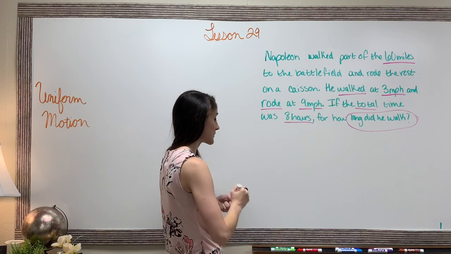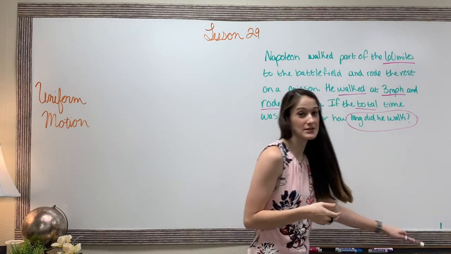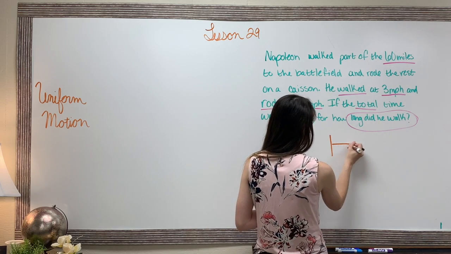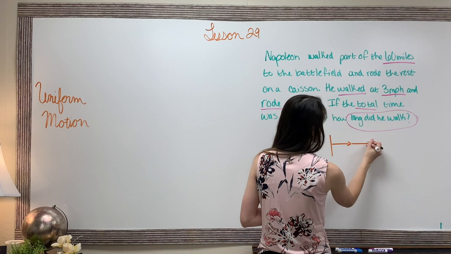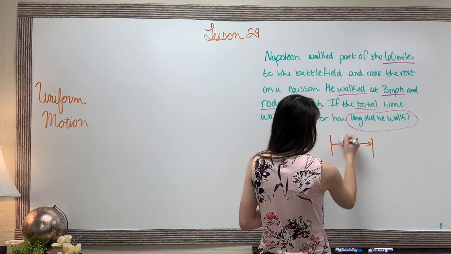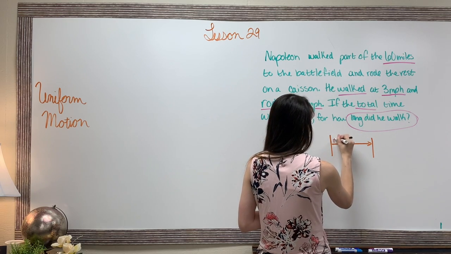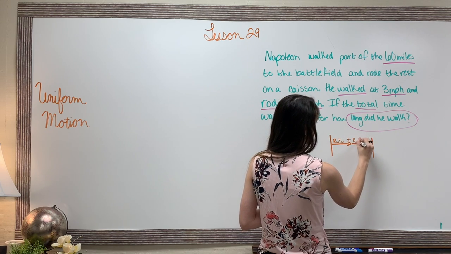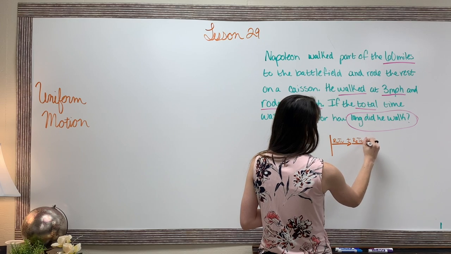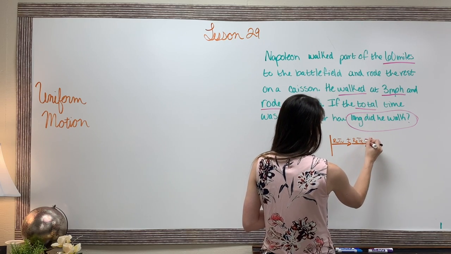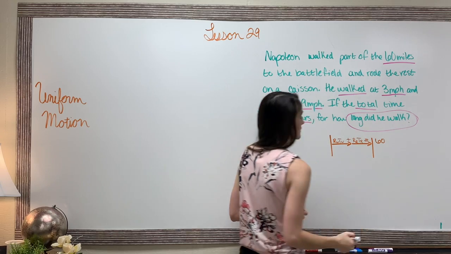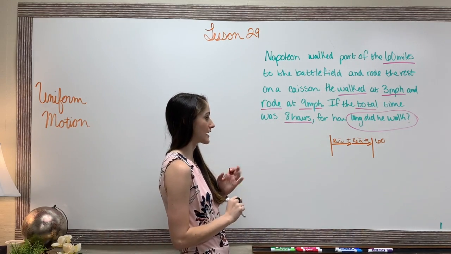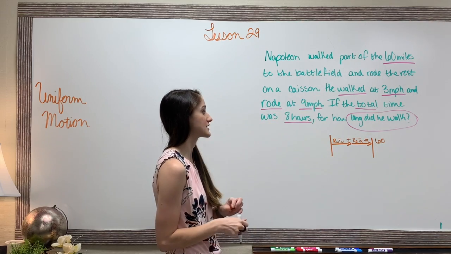So setting this up as a diagram for us to visualize what this is going to look like, he is going to start out somewhere. He's going to walk, and then he's going to switch to ride. This whole thing, which is rate of walking, time of walking, plus the rate of the ride, time of the ride, this whole thing will equal 60 because however long it took him to walk and however long it took him to ride, those two combined are going to be 60 miles.